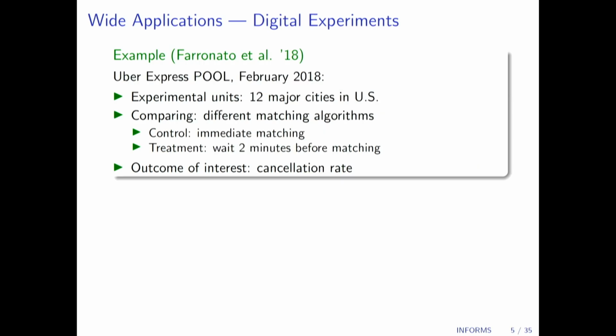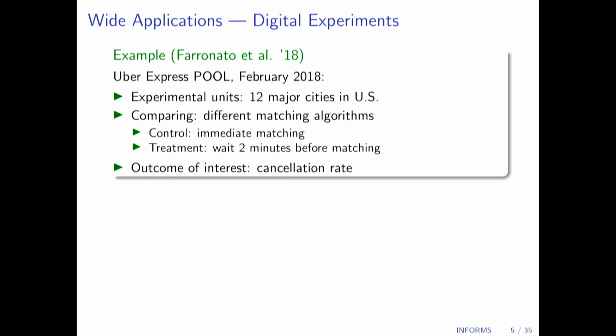And in the last example, this is an application that is being adopted nowadays by many tech companies. For example, at Uber, they ran an experiment in February 2018 to test if, when you're using the Uber Pool app, you should be immediately matched to an ongoing route, or should you wait maybe a couple more minutes before they match you to a rider?